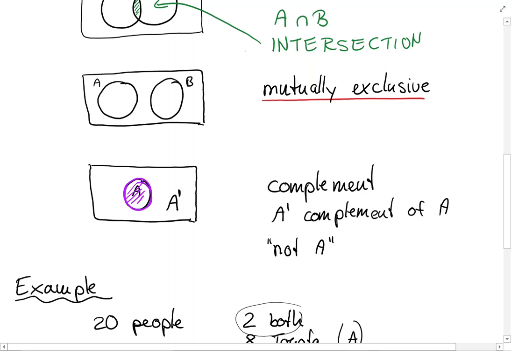But that means everything that's not my event A would be on the outside. So the complement of an event is just the opposite, means not that event. That's what you would say. And when you would write that, you would give that the event letter, so in this case A, with a little dash on top. That's the set notation.